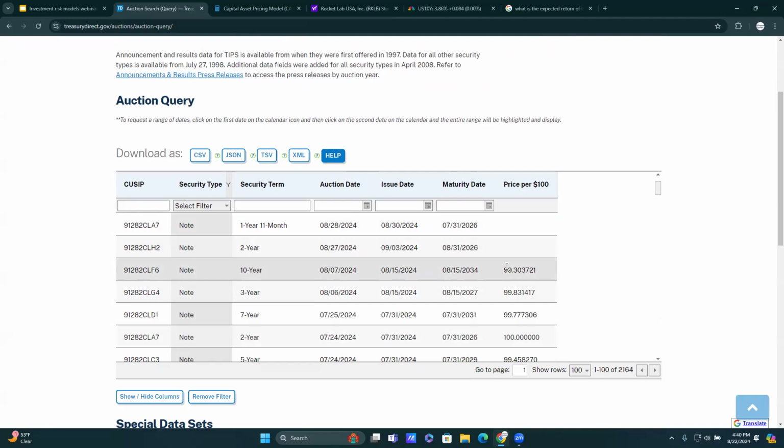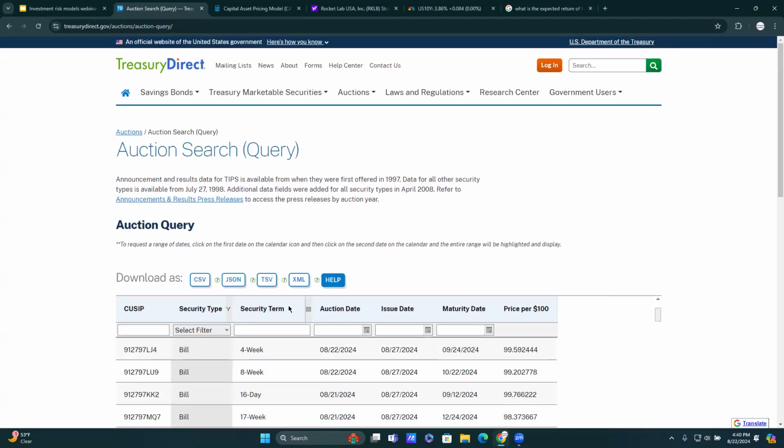The auction date was 8/7/2024, and they're expected to mature on 8/15/2034. Now the price for $100 is, actually before I do that, I just want to go to a bill. It's a little bit easier to understand. All right.